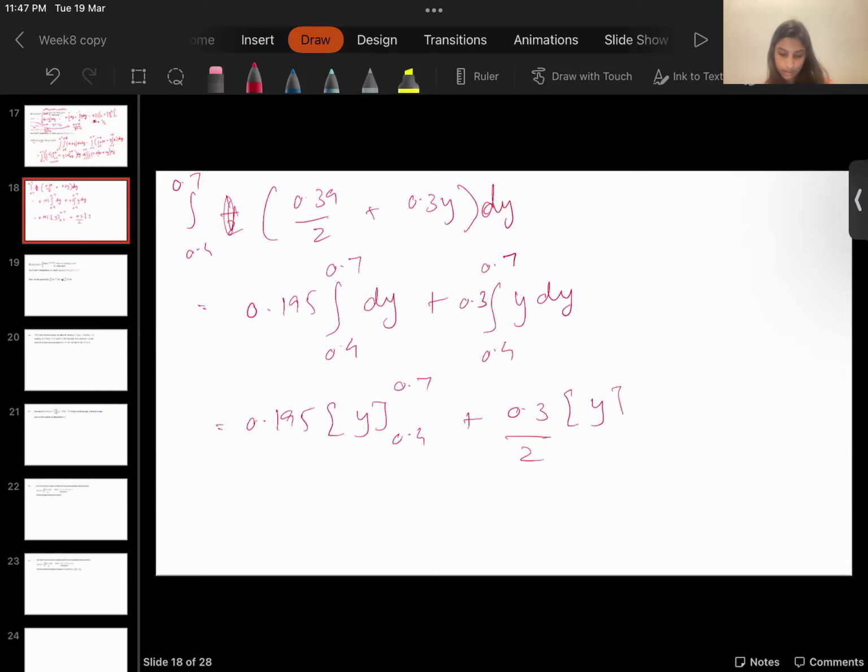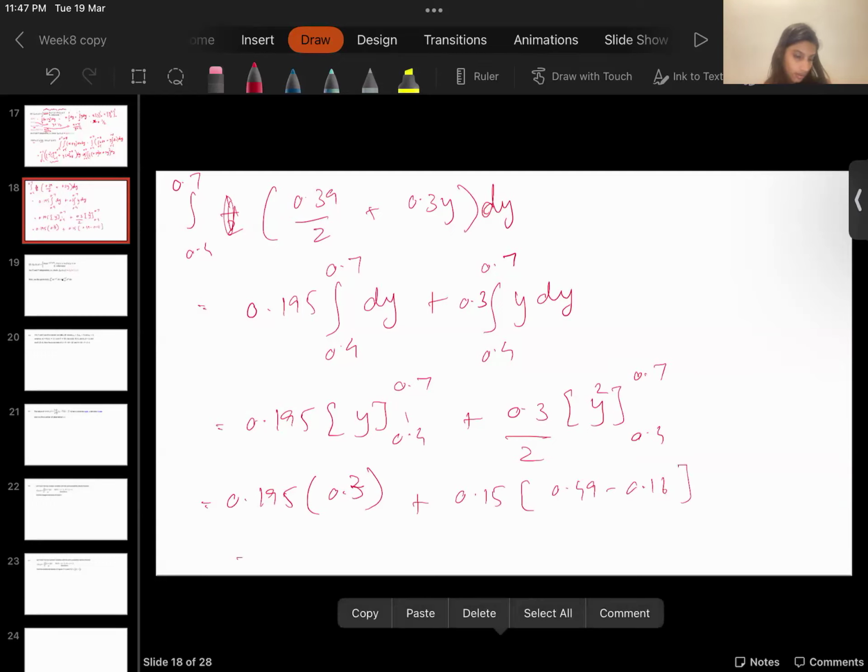So you keep it out, y square. This should be straightforward from here. 0.7 minus 0.4 is 0.3, plus 0.3 by 2 is 0.15 into y square. 0.7 square is 0.49 minus 0.16.